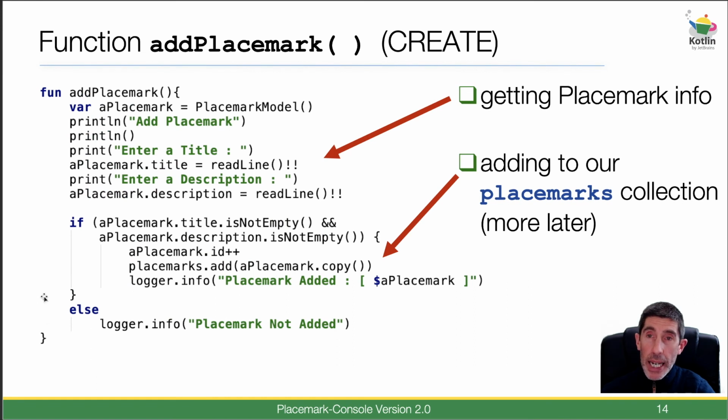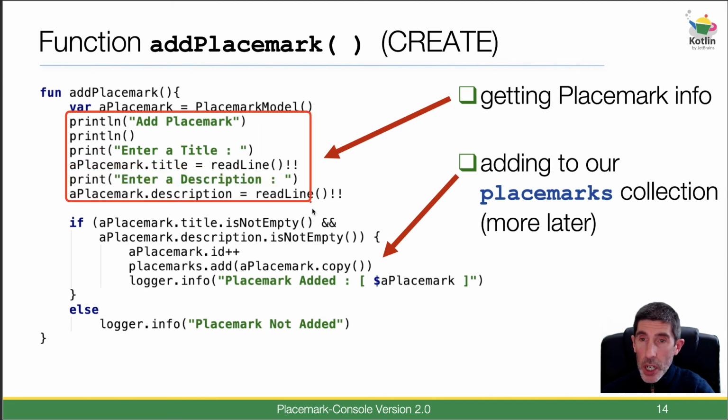So if we look at our add placemark function, or essentially our create from our CRUD, we first of all see it up here. Inside our add placemark, we're initially creating a placemark model object, calling it aPlacemark. We then prompt the user for the information.